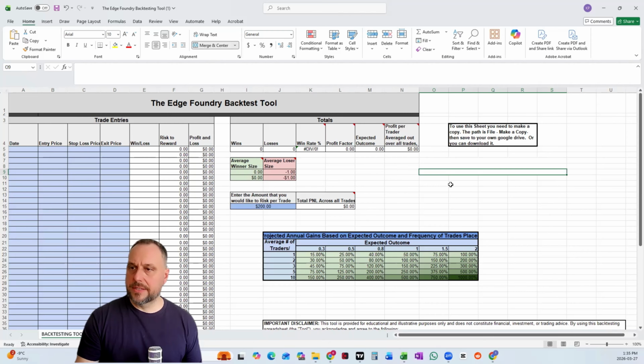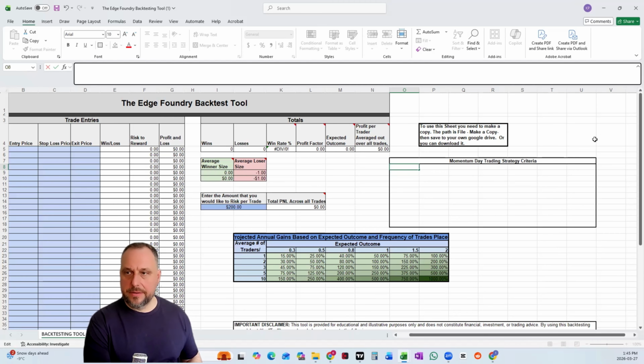So I'm adjusting this a little bit. I'm putting a box in over here so that I can start to identify some criteria. Let's define momentum here, what we're looking for. We're looking for higher than average volume.